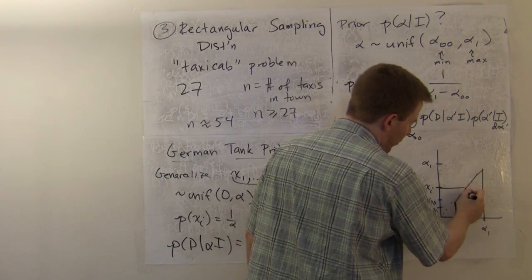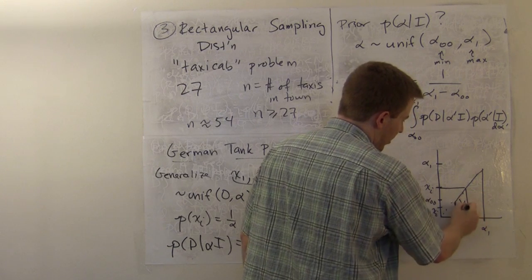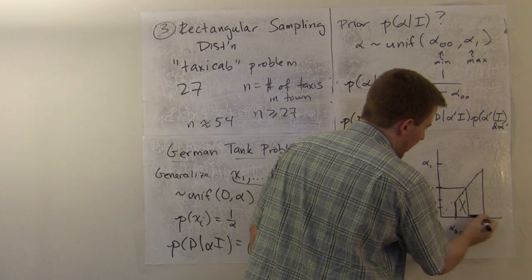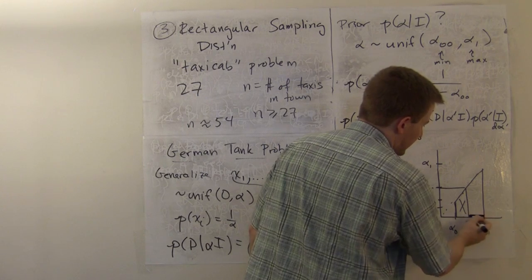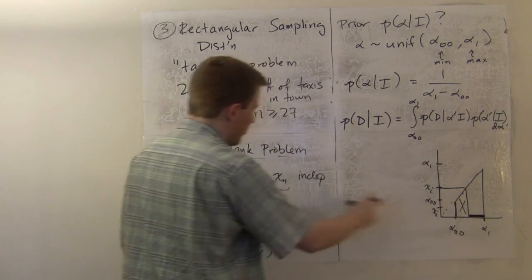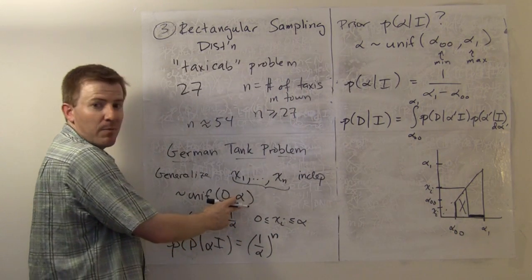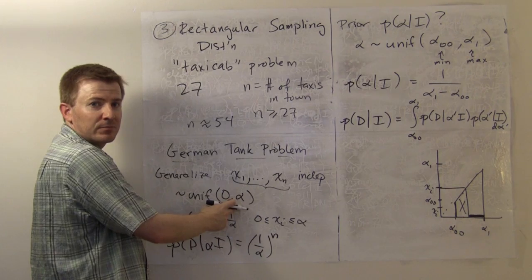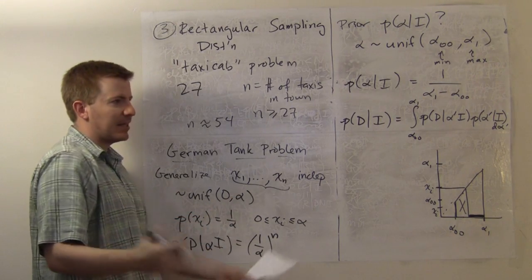So we know that we have to be at the very minimum somewhere to the right of that value xi for our value alpha, which remember is supposed to be the maximum possible value we could get. Okay, so alpha is like the number of cabs in existence.